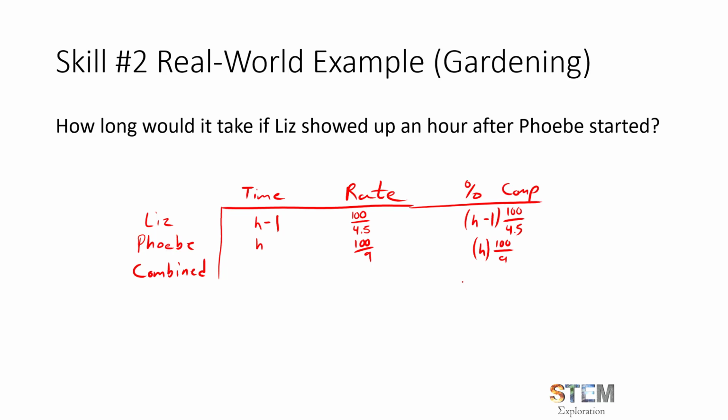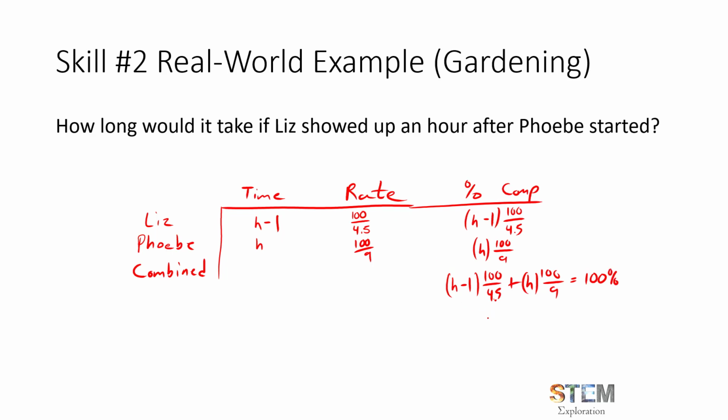And the combined rate for these two will be (h minus 1) times 100 over 4.5, plus Phoebe's rate, h times 100 over 9, will equal the 100%.